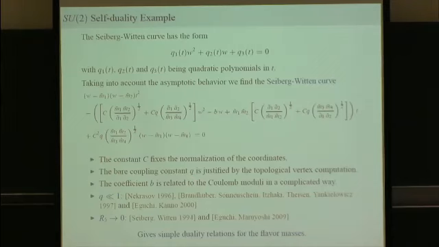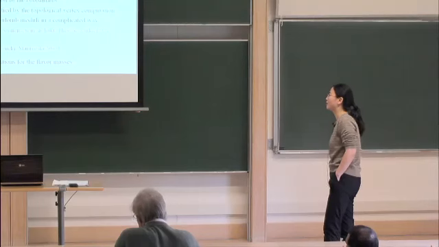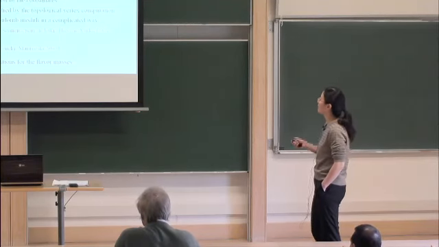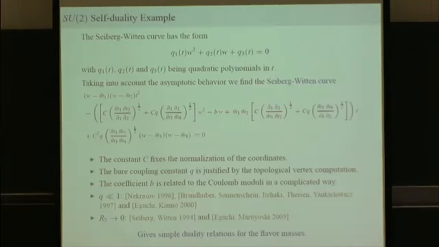So almost everything is determined in terms of the gauge theory parameters that are the masses and also the A's, which are the Coulomb moduli. There is one constant, the C here, that is so far not determined, but it will be fixed once we fix the normalization of the coordinates.